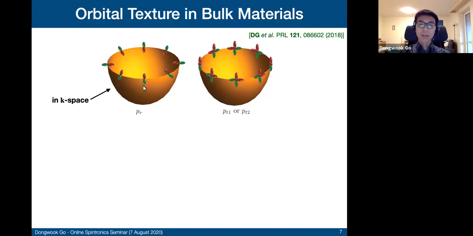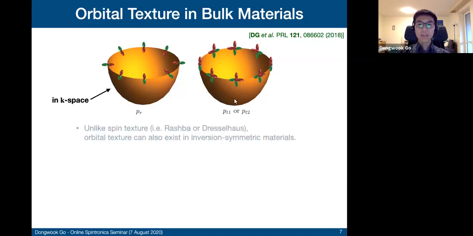For example, this is an example for p orbital materials. For p orbital materials, you can easily find this type of radial texture and also this tangential texture. The characteristic of this texture is that it's the arrangement of the orbital character, not the orbital moment.